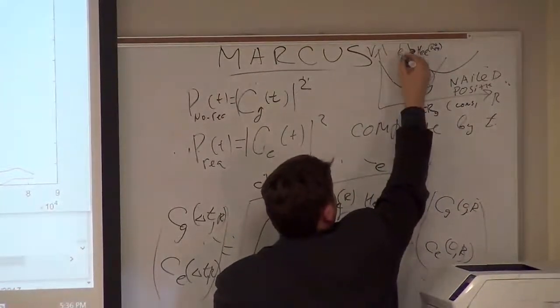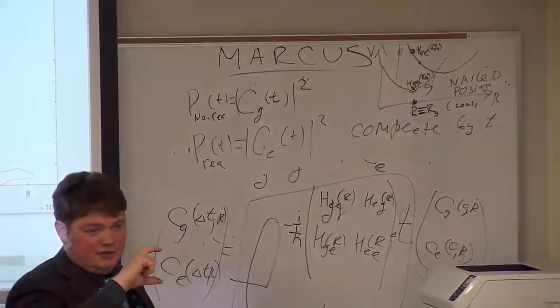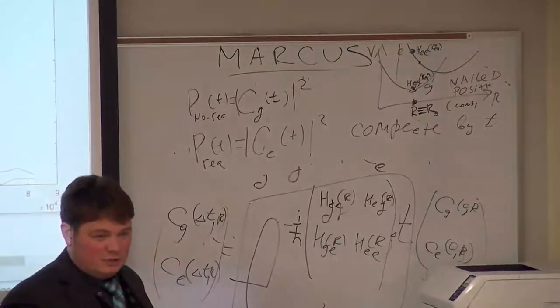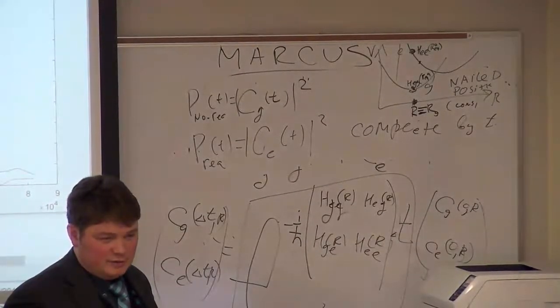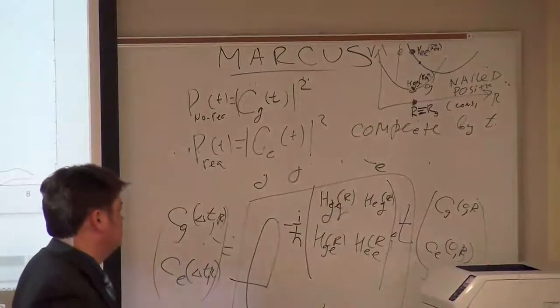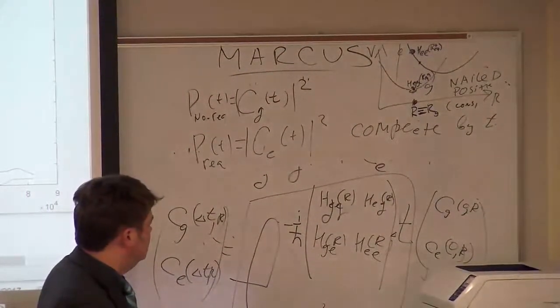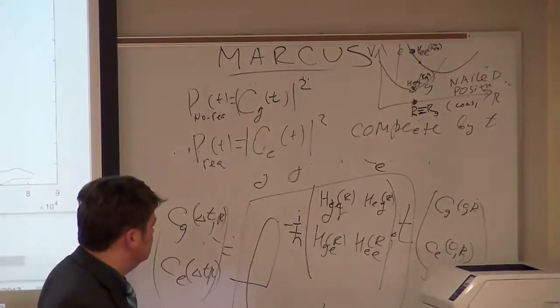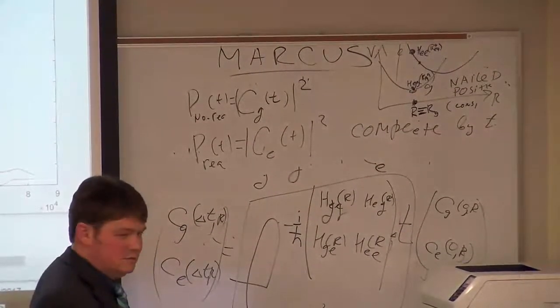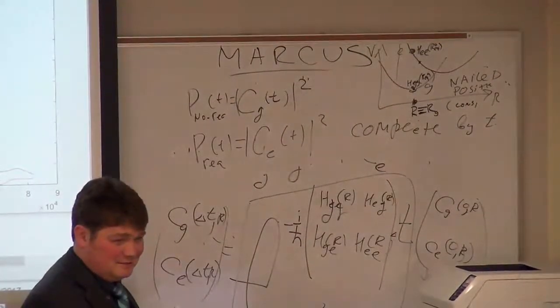If you move to the left, it will become bigger. So the energy of the excited state will be different depending on at which position we are exploring the system. Okay? Happy, or at least not too many protests.